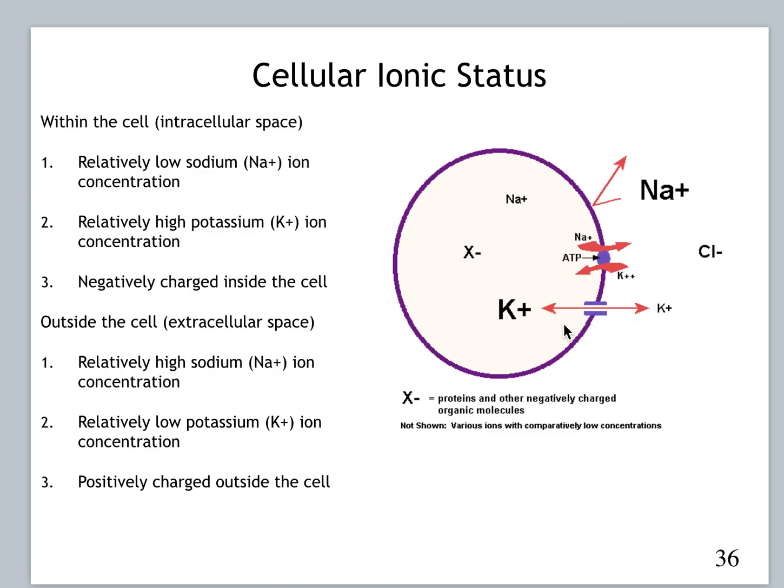The inside of the cell has a negative charge compared to the positive charge on the outside of the cell. This is a sodium potassium pump, and I'll go into more detail about that in just a moment. But mainly the slide just shows the initial conditions of sodium concentration and potassium concentration in and outside the cell.